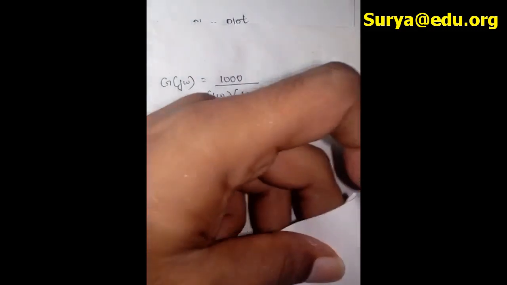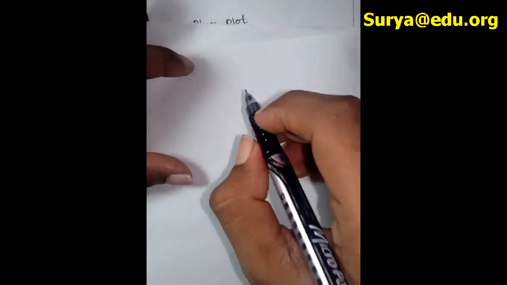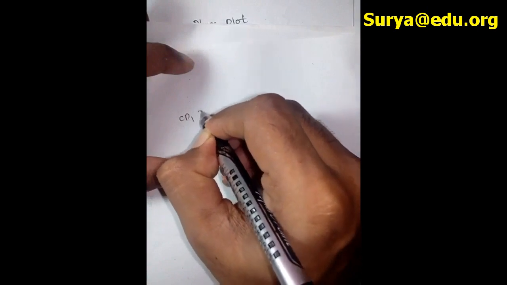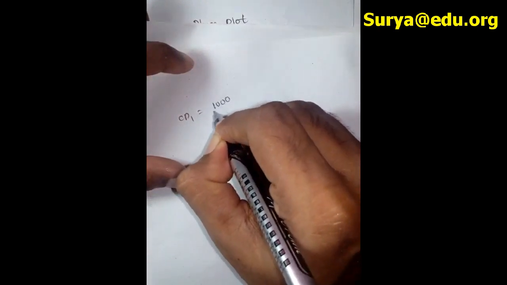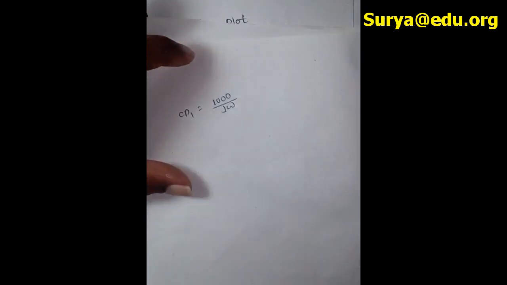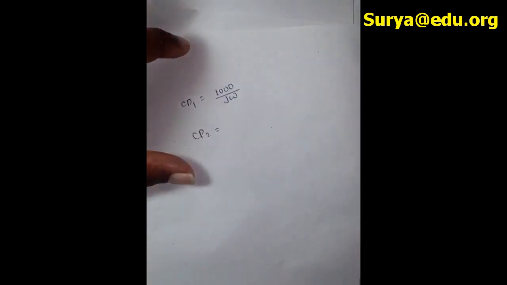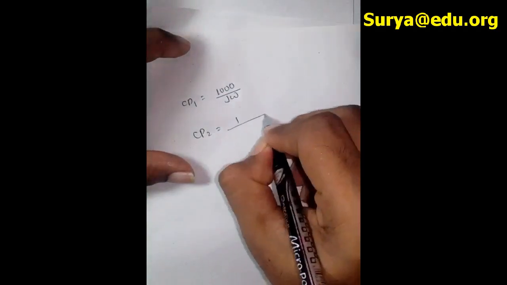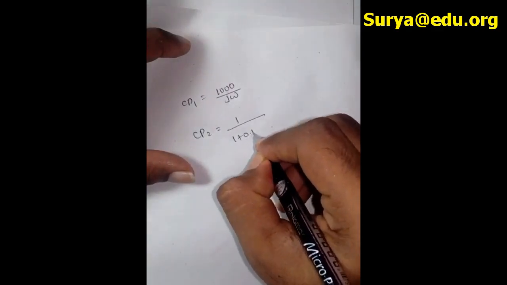I also told you something about the basic compartments, as you can remember. What are the basic compartments that we have? The first compartment, CP1, is 1000 divided by j omega. That is the basic compartment. Compartment 2 is 1 divided by (1 plus 0.1 j omega).